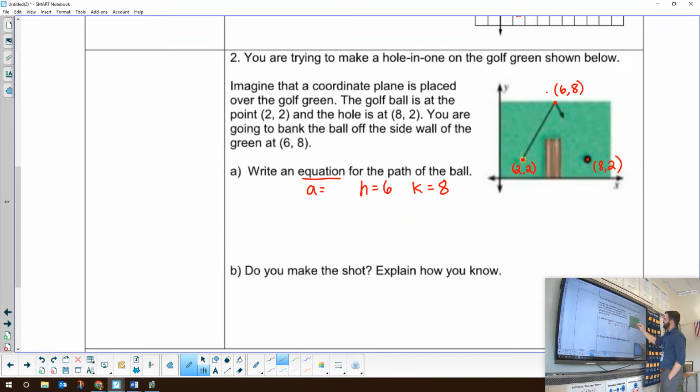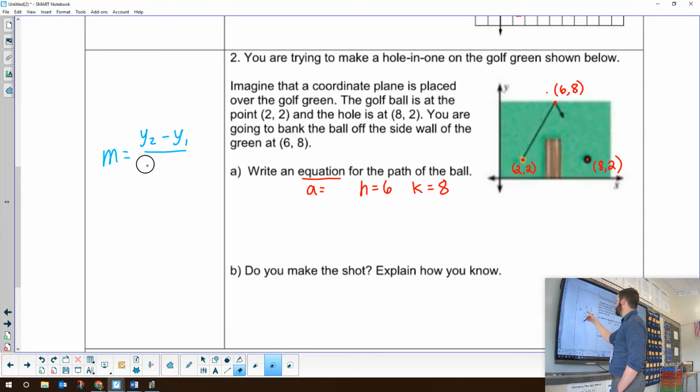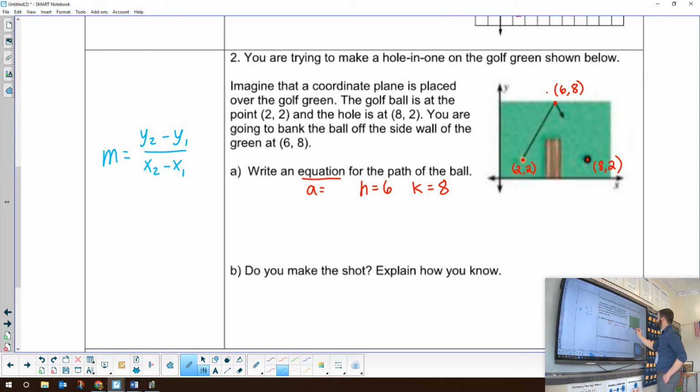Well, I could count up and over, just like we can with our slope. But I want you to understand we can also use the slope formula. And my slope formula, remember, is y2 minus y1 divided by x2 minus x1. So we can label these points. We can say, oh, this is going to be x1 and y1, and this will be x2 and y2.